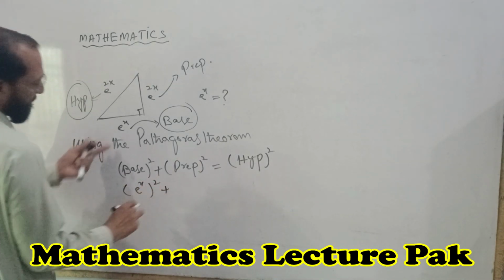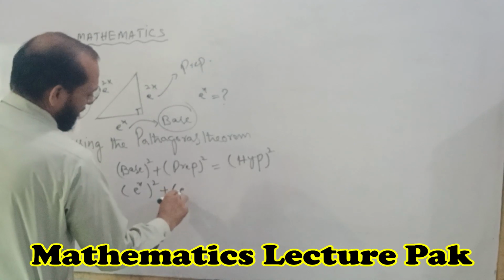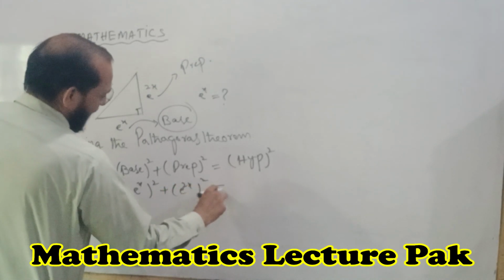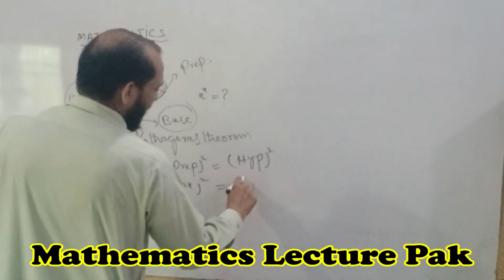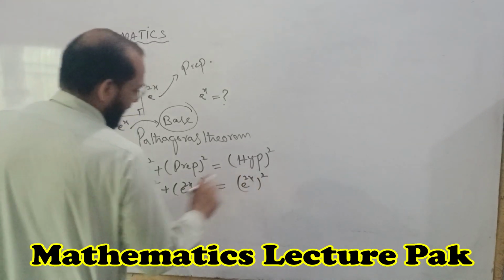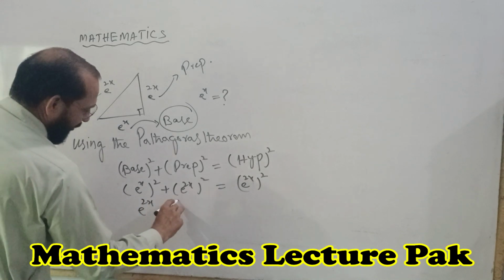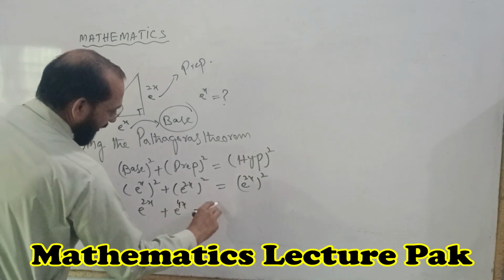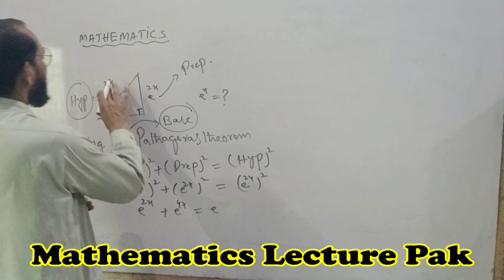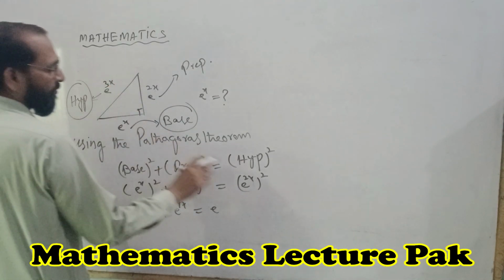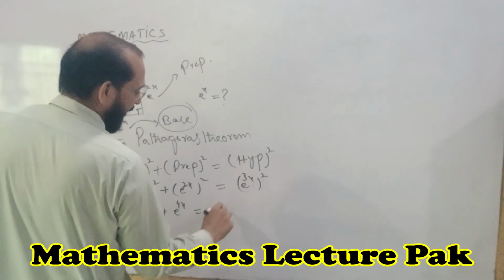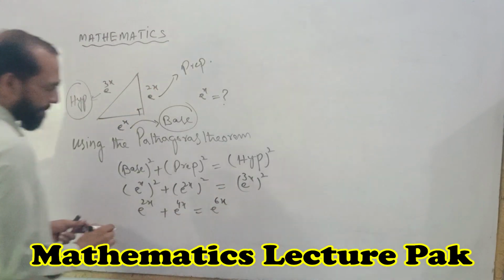e^x squared, which is the base, plus e^(3x/2) squared, which is the perpendicular, equals e^(2x) squared, which is the hypotenuse. Okay, after simplification, e^(2x) plus e^(3x) equals e^(4x).